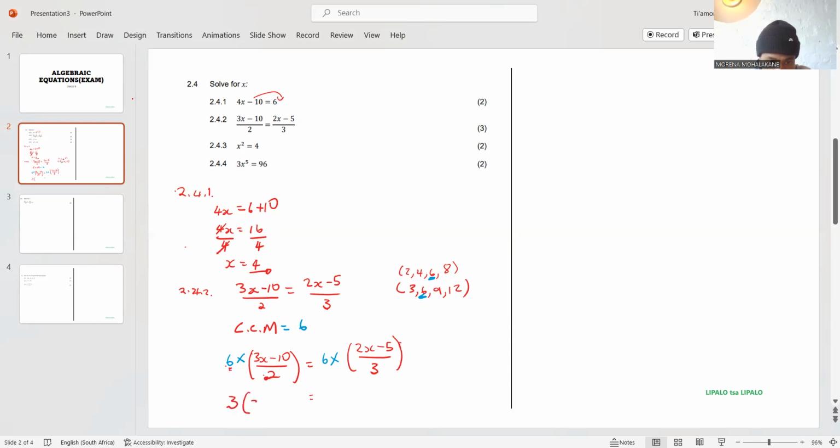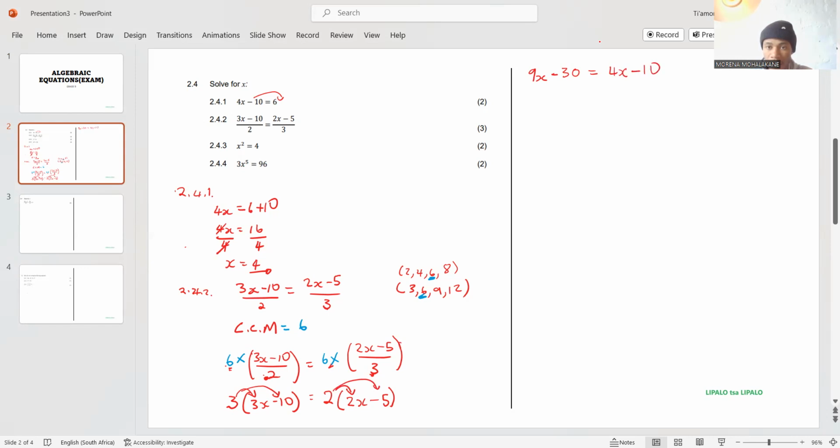So I'm going to have 3 multiplying 3x minus 10. Then here, 6 divided by this 3 gives me a 2, which is 2x minus 5. When I continue, I'm going to distribute the 3. 3 multiplying this and 3 multiplying that. So I'm going to have 9x minus 30 equal to 2 times 2x and then 2 times negative 5. We have 4x minus 10.